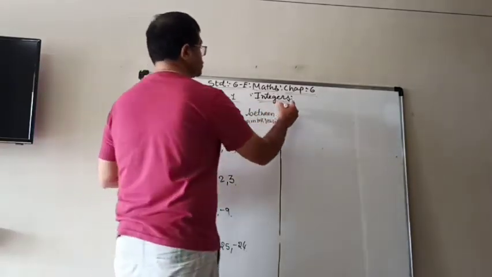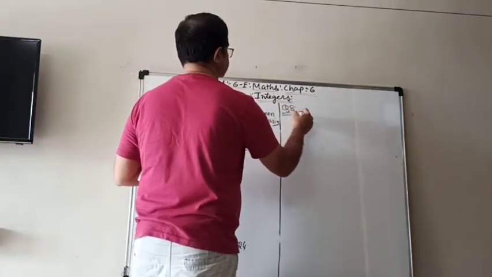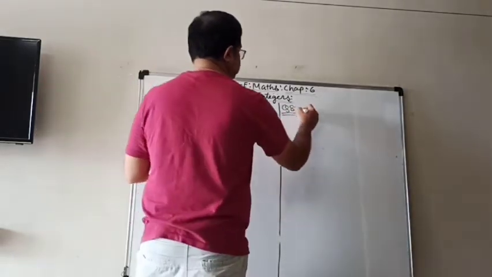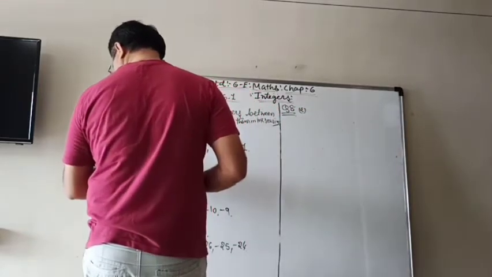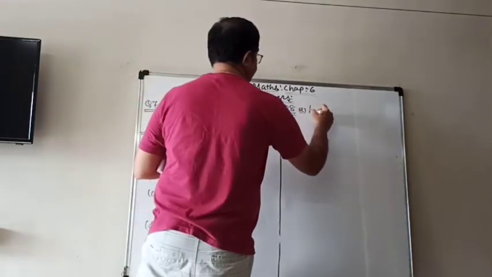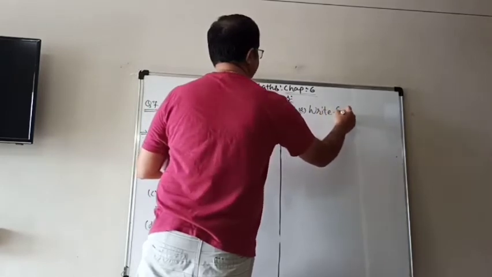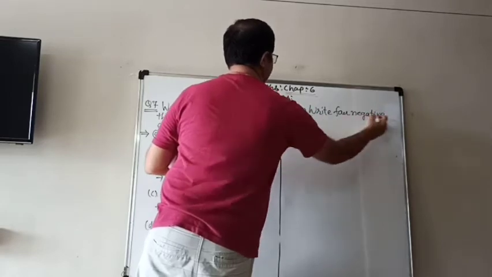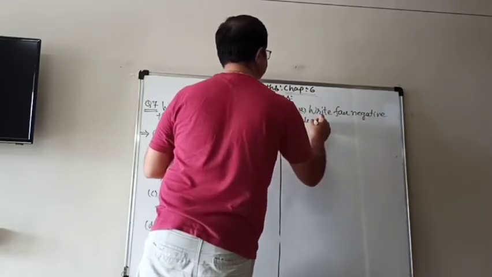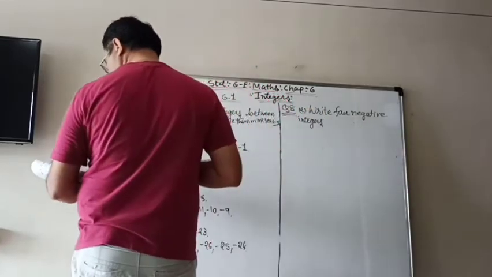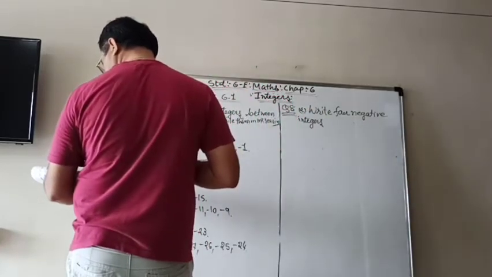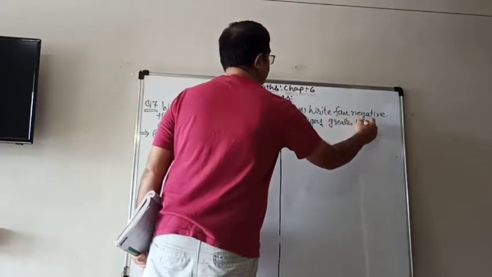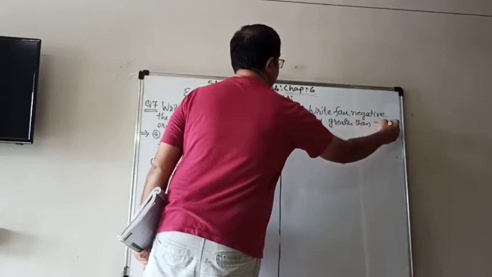Let's do the next question, number 8. It says that there are two questions. First is, write 4 negative integers which are greater than minus 20.